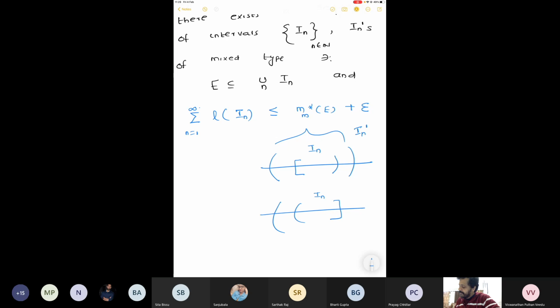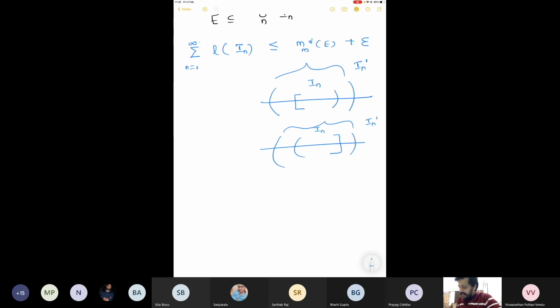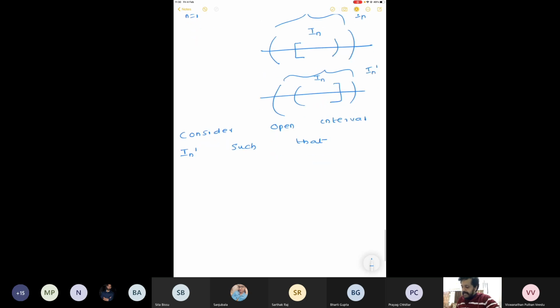Given this I_n, I want to cover it with some I_n', such that I_n is contained in I_n'. That is always possible. Given I_n, I can find an open interval containing it.